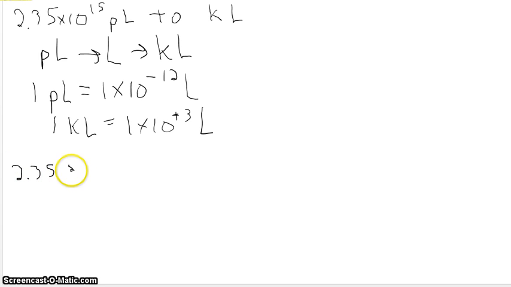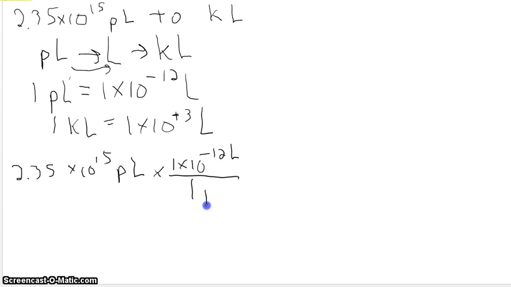All right, so now we can start our problem. 2.35 times 10 to the 15th picoliters. First step, go picoliters to liters. Use the first conversion factor: 1 times 10 to the minus 12 liters per picoliter. Always use your units. Cancel things out.